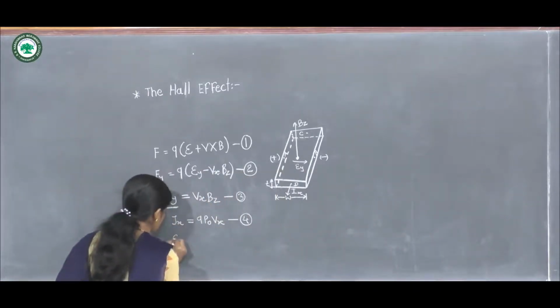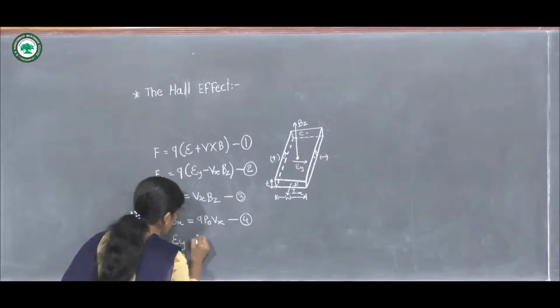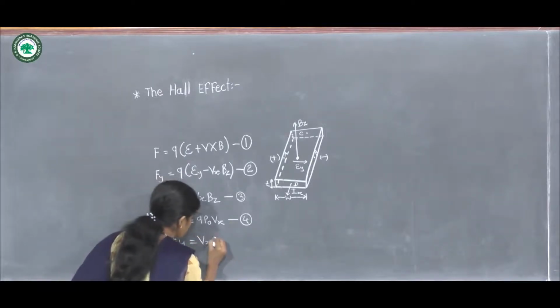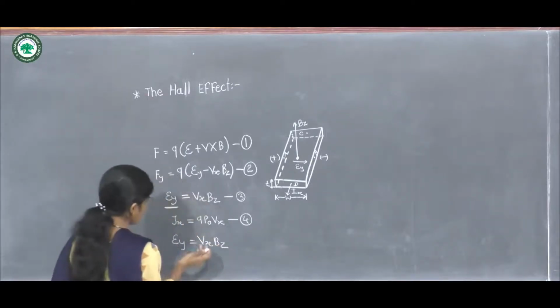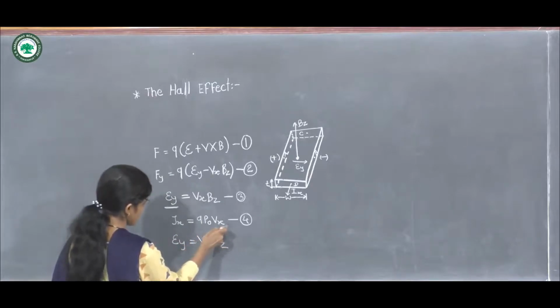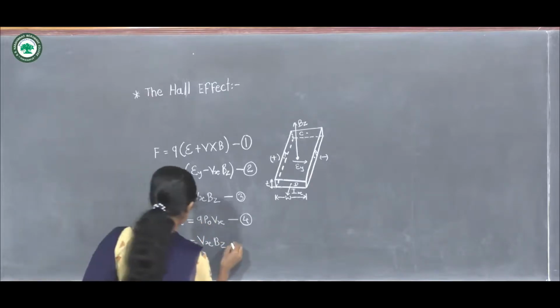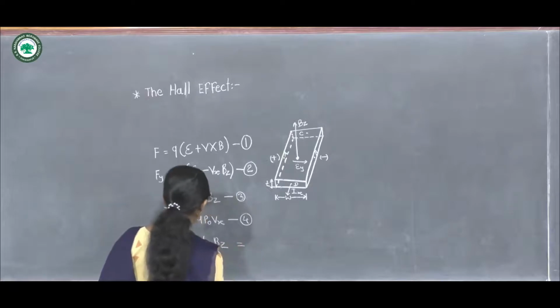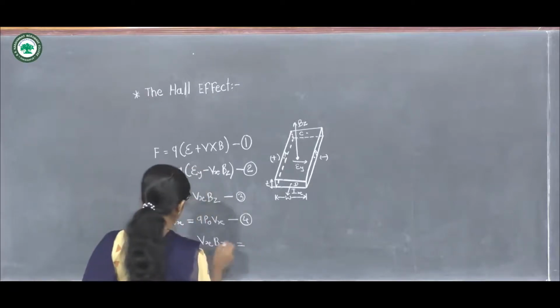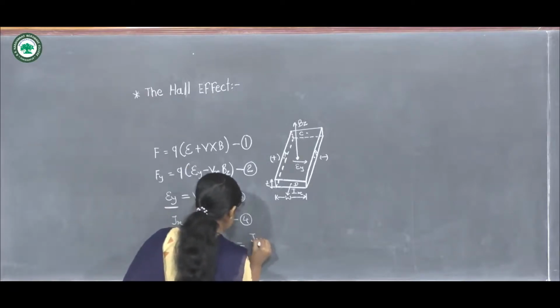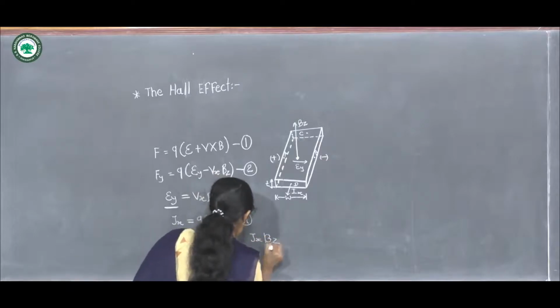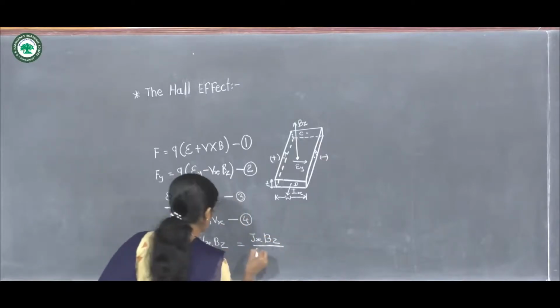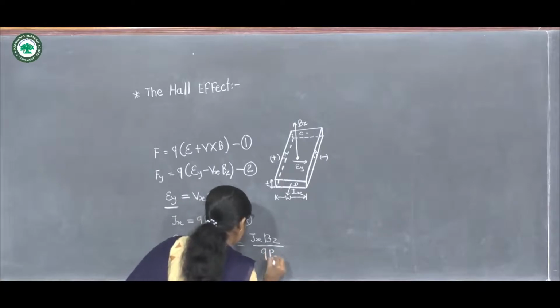So I may write here Ey is equal to Vx into Bz, and by putting the value of Vx from equation number 4, we may write Ey is equal to Jx Bz upon Q into P naught.